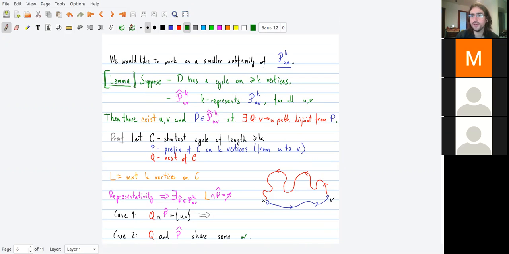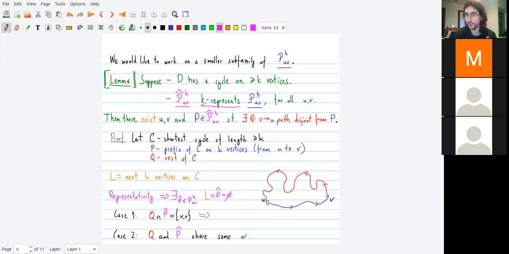So suppose that I have a yes instance. There is a cycle on at least k vertices. And suppose that instead of working on the full family of all possible k paths between u and v, I look at a subfamily that k represents this family. Note that here I've got k and here I've got k, so k plus k is actually 2k.